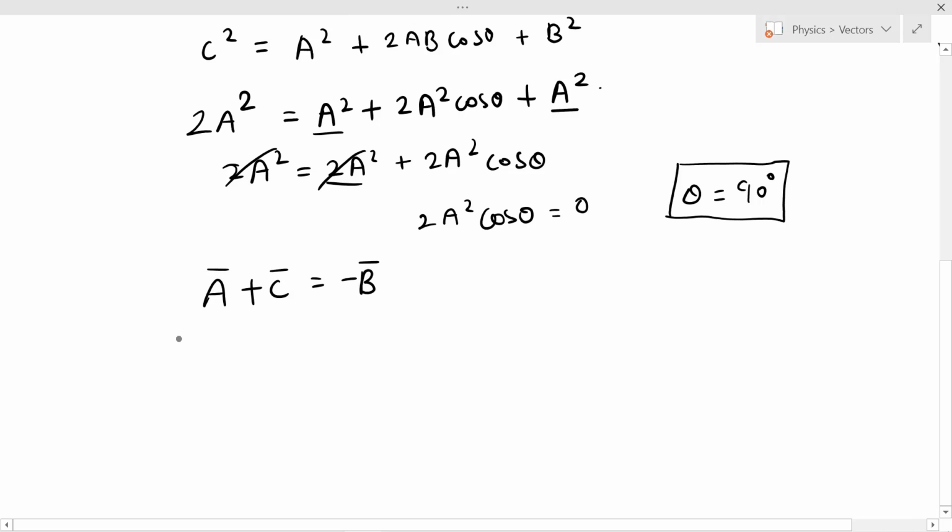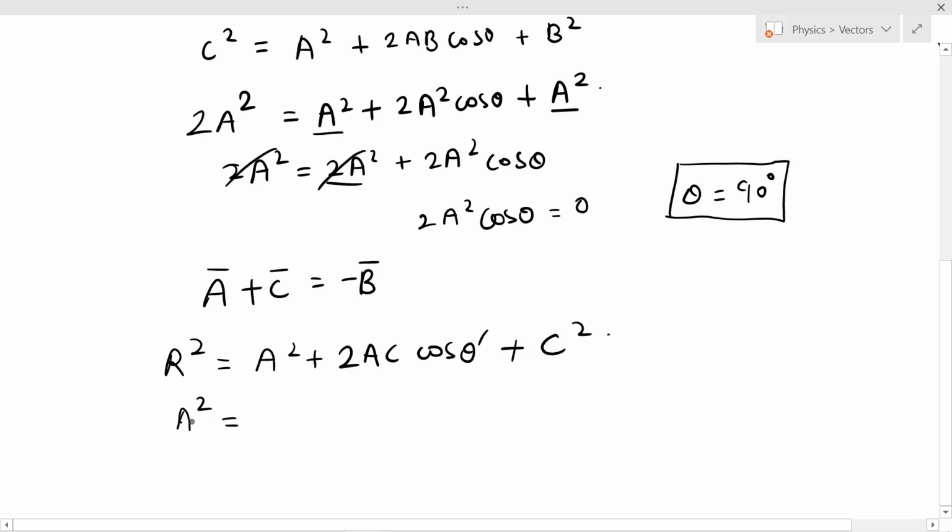So again the resultant r square will be a square plus 2ac cos theta dash plus c square, where theta dash is the angle between a bar and c bar. So r square is b square, and it is equal to a square.